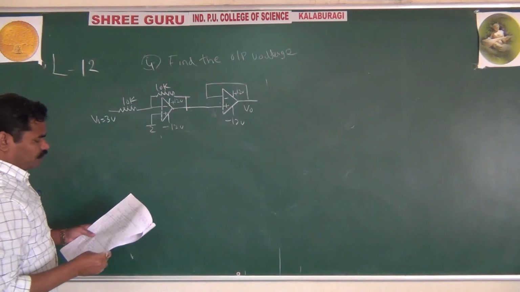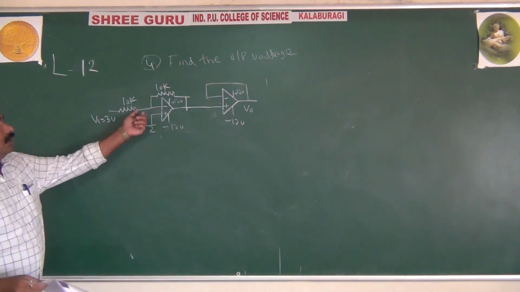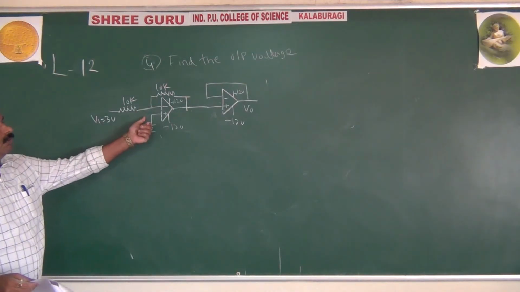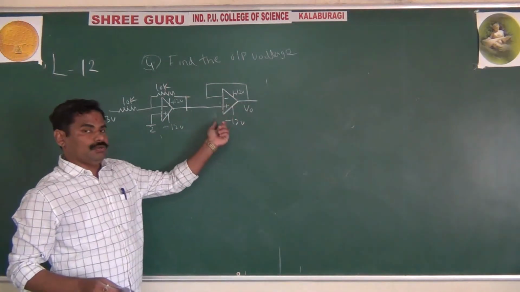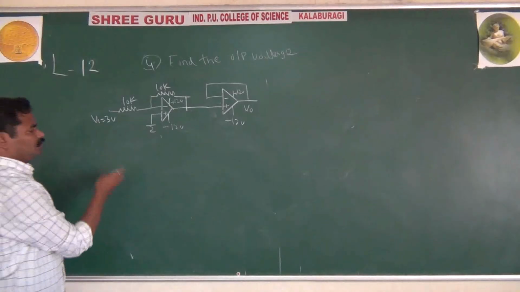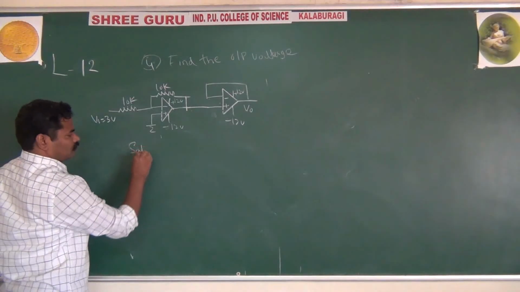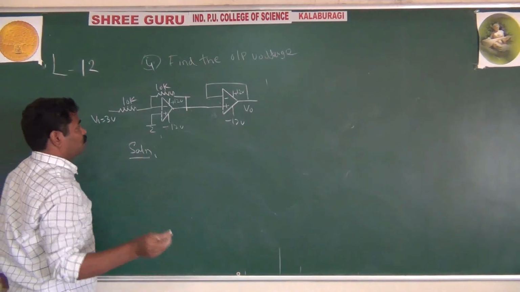You have to calculate: it is your inverting amplifier, then your buffer amplifier, or your voltage follower. Sometimes they ask a 2 mark question.